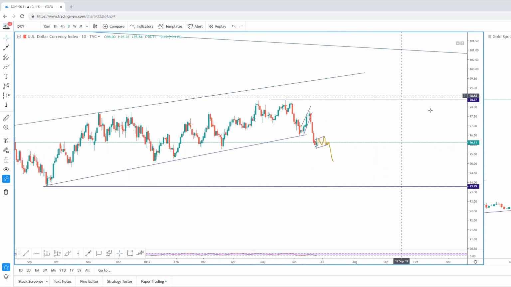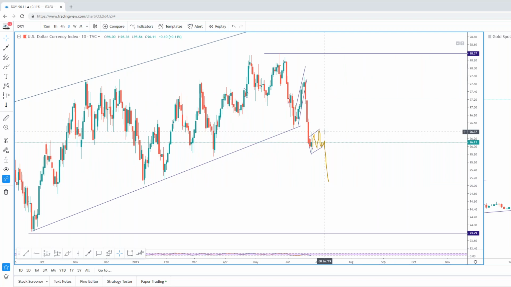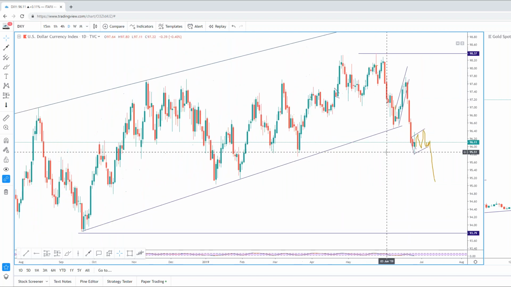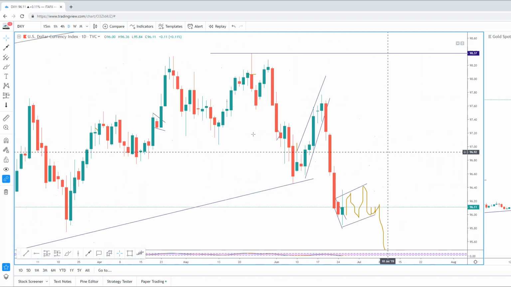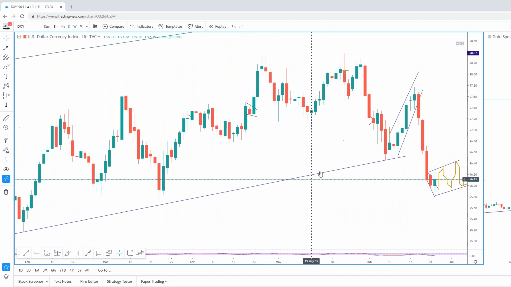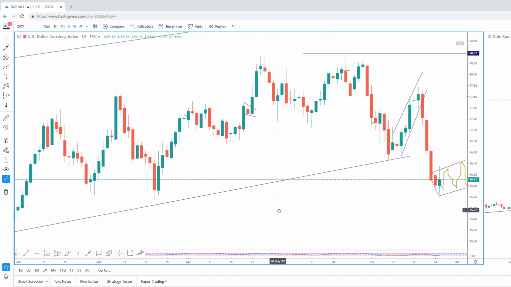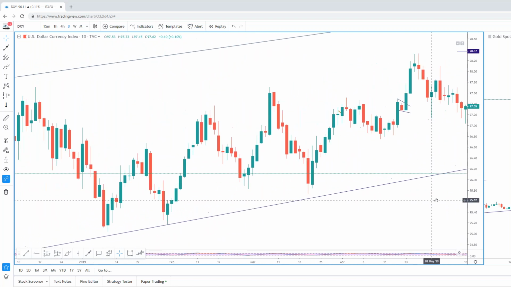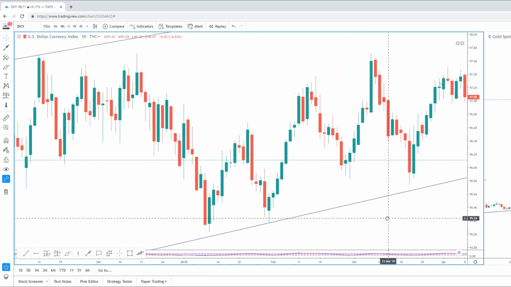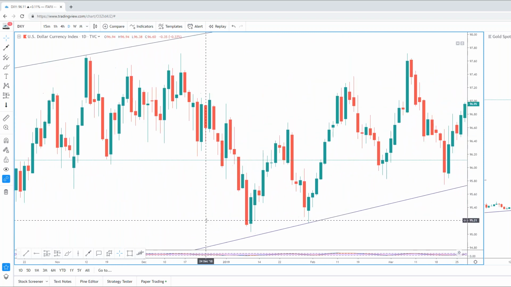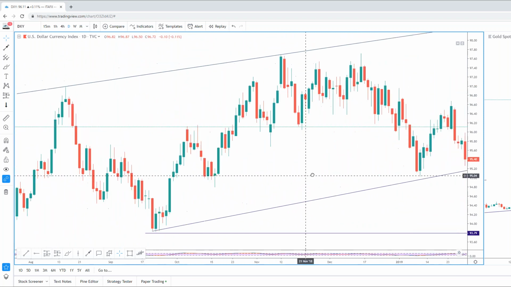But I was of course looking at how price action moved here. So let's zoom in on the daily structure and look at some areas of price action based on the candlestick cheat sheet. Let's look for a really nice setup.